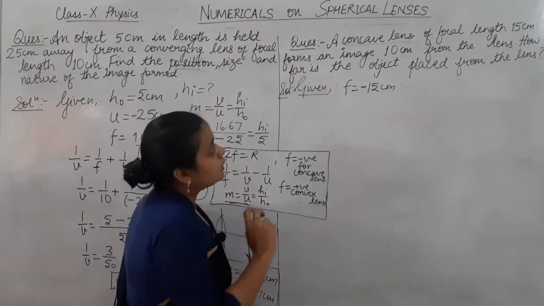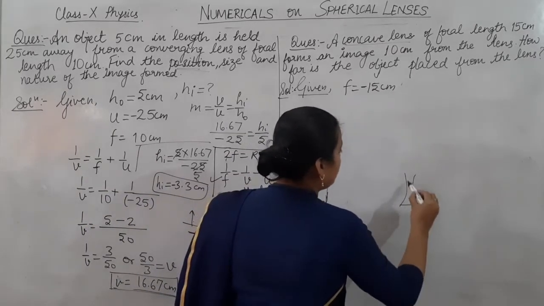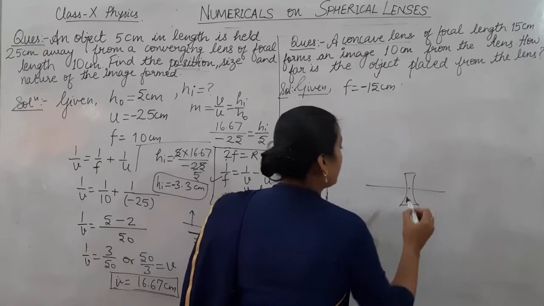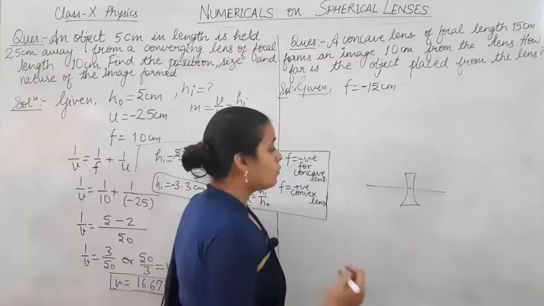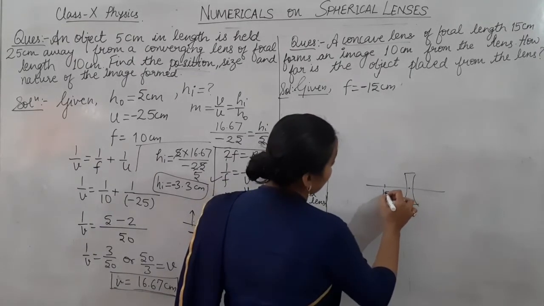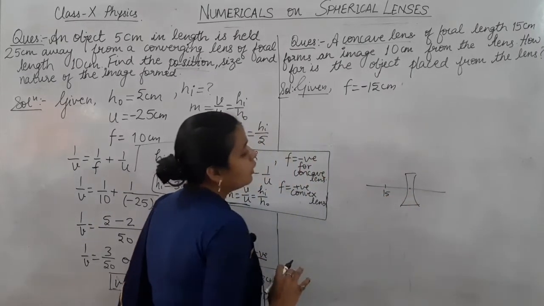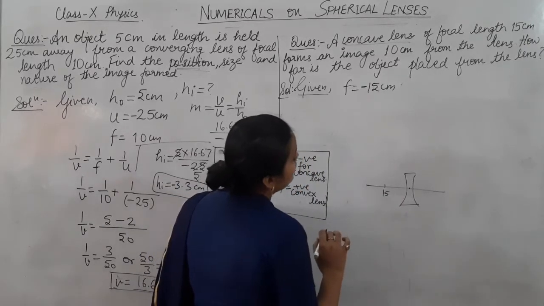What will you imagine? A concave lens is like this. Its focal length, I have told that it has virtual focus. So it has virtual focus f, given 15. It will have focus on the left side.